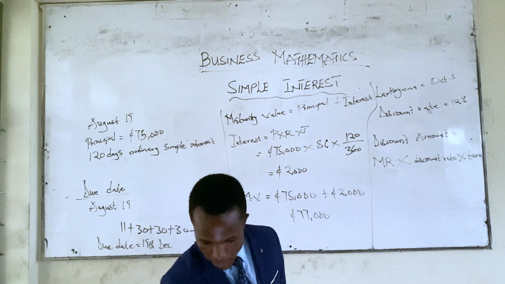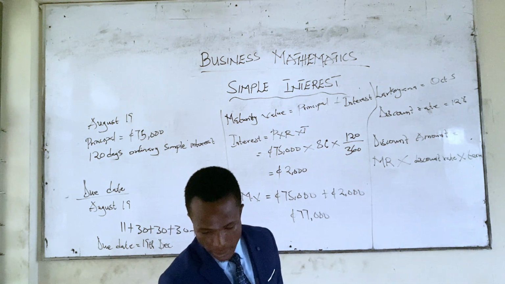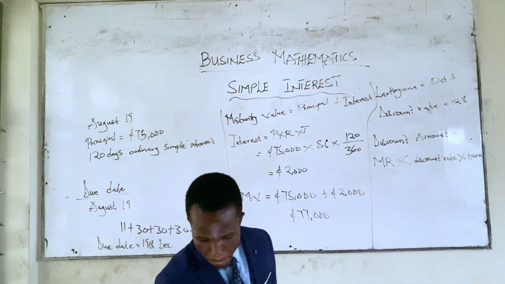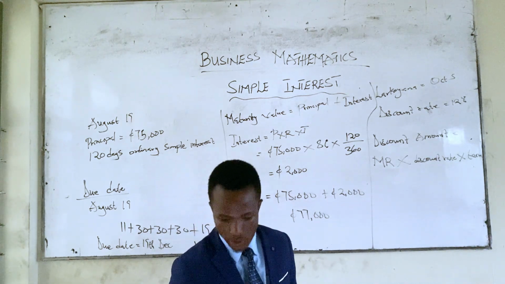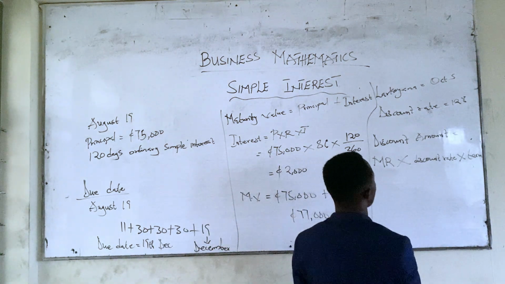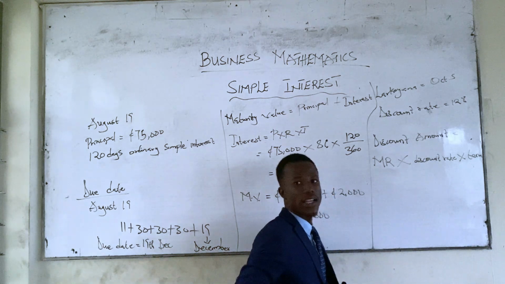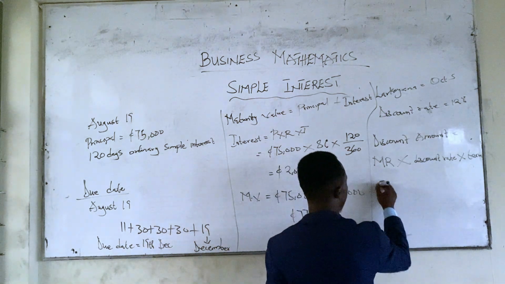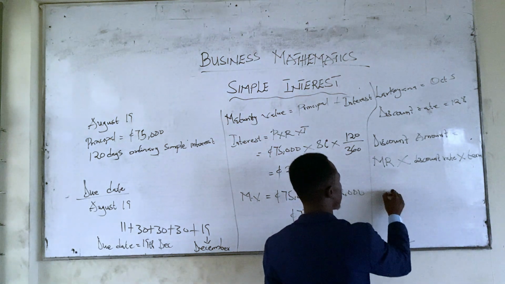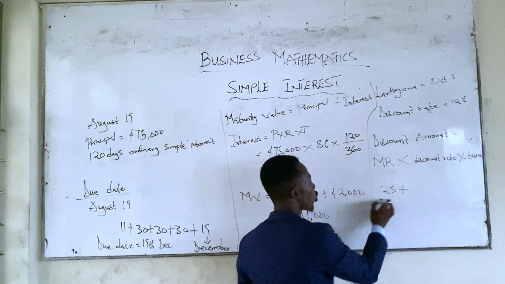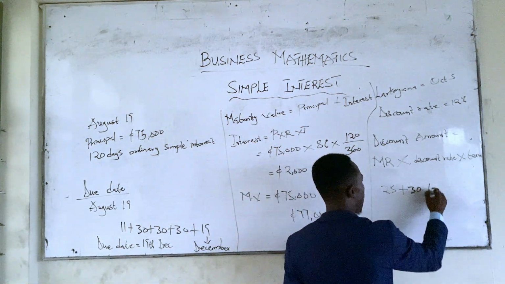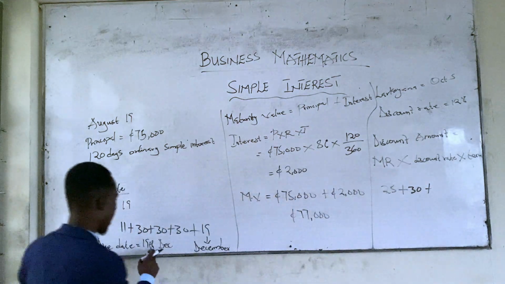Let's use the 30 days, assuming each month has 30 days. So October is 30 minus 5, so we are left with 25 more days in October. Then November is 30 days, and December itself is 19 days.